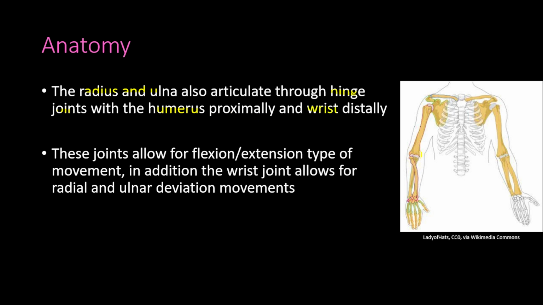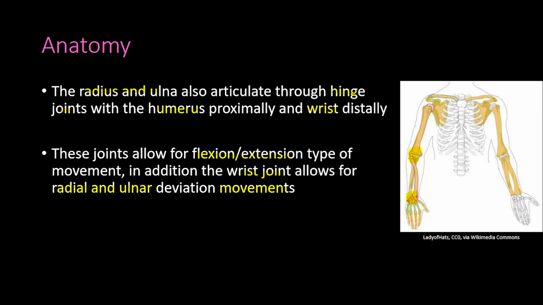And those are the articulations with the humerus here and the wrist here. And the hinge joints allow for flexion extension type of movement. And in addition to that, the wrist joint allows for radial and ulnar deviation type of movement. So the elbow joint allows for flexion extension only, and the wrist joint allows for flexion, extension, radial deviation, and ulnar deviation.